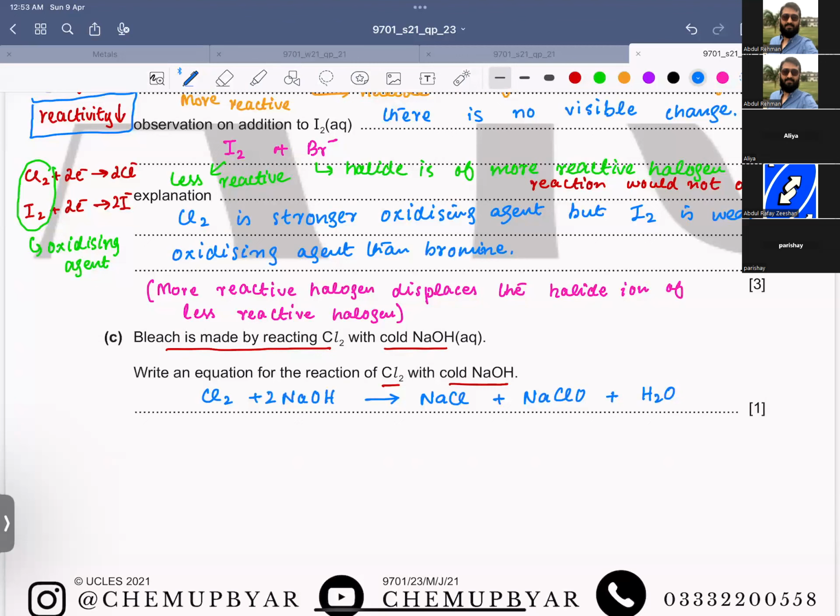Now your equation is balanced. And this NaClO is the compound which acts as bleach. Is this clear? Yes, if anyone has any query, kindly ask.